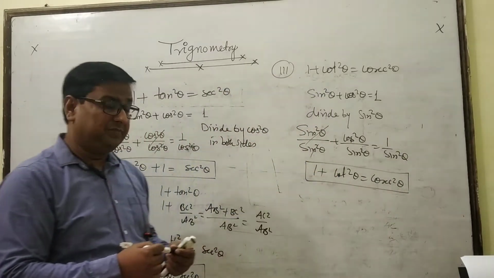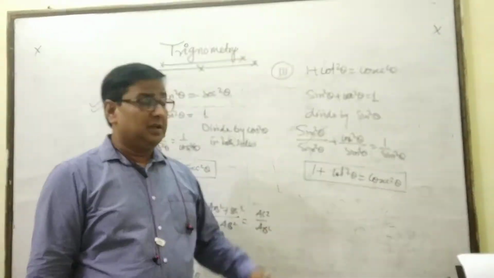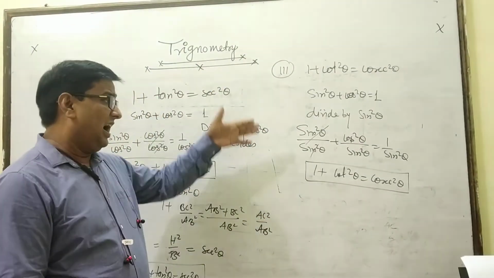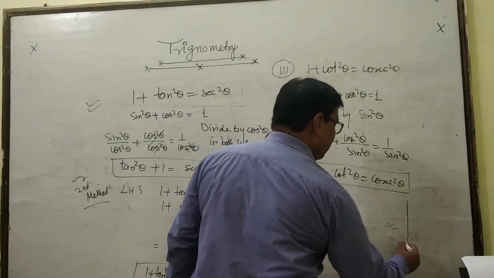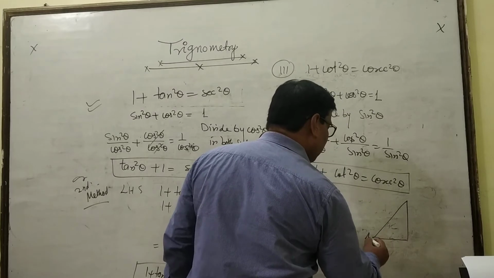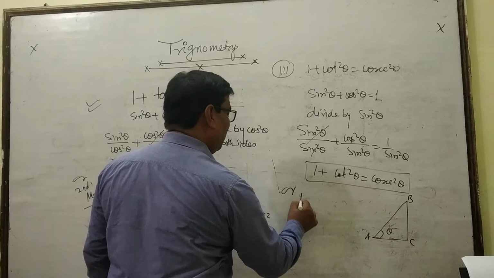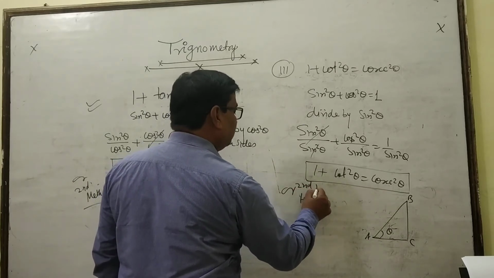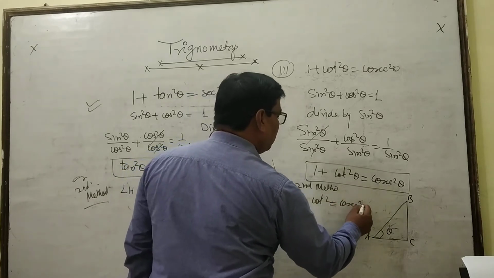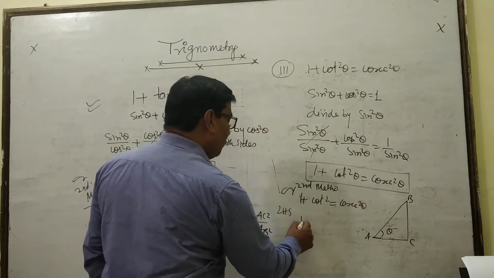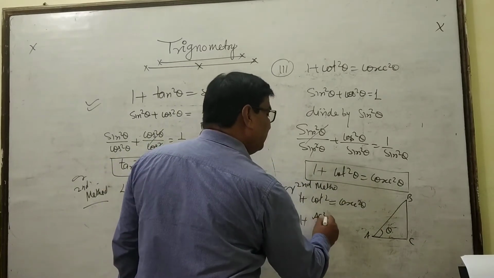So with the help of these trigonometrical identities, you can derive with the help of trigonometrical ratios. And how else can you derive it? Take the triangle ABC with angle theta. Now 1 plus cot square theta, second method. 1 plus cot square theta is equal to cosec square theta. Left hand side, 1 plus base upon perpendicular.